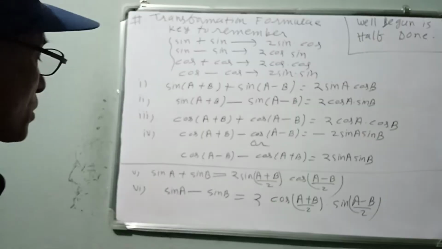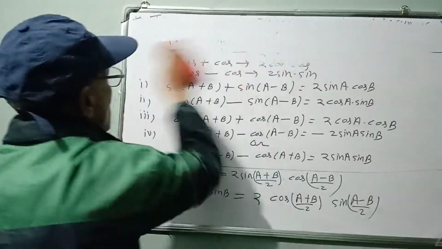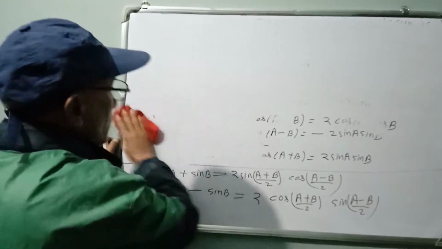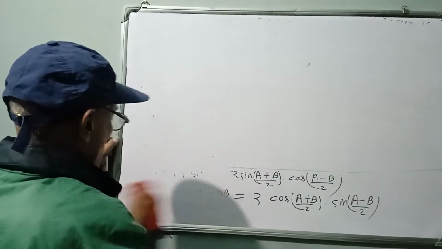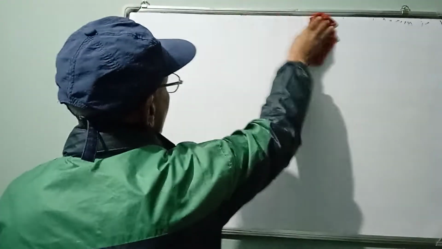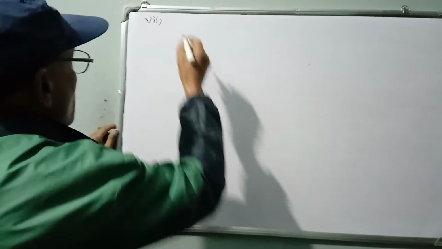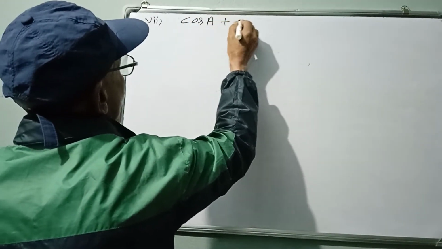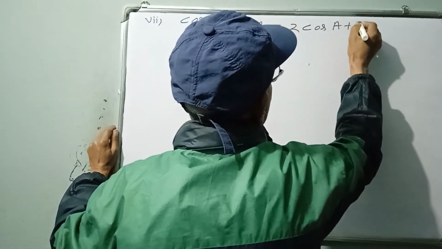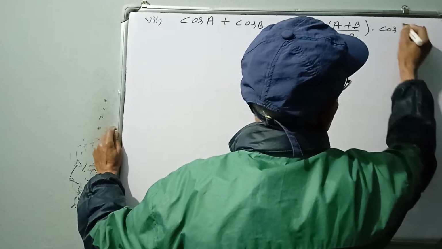Now cos plus cos is 2 cos cos. What is the meaning? I am going to write down number 7: cos plus cos is 2 cos cos, meaning cos A plus cos B equals 2 cos A plus B by 2 into cos A minus B by 2.